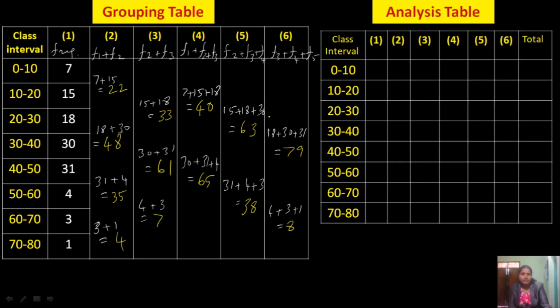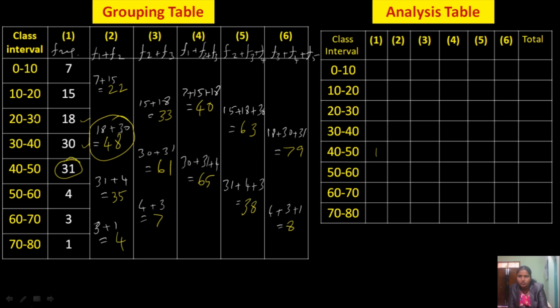I have calculated all the totals in the grouping table. Next, let's move on to the analysis table. For that, let's circle the highest frequencies in each column. In column 1, 31 is the highest value, corresponding to 40 to 50. So I put 1 against 40 to 50 in column 1 in the analysis table. Then in column 2, 48 is the highest value, obtained by adding 18 with 30.